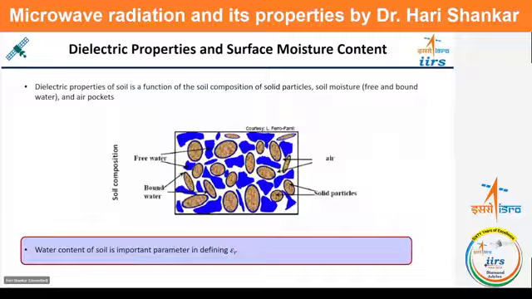As the water content increases, the dielectric properties of the soil increase, or epsilon increases. From the microwave signals, you can extract those epsilons very easily and investigate the soil moisture content over the target. Soil moisture estimation can be done using microwave signals very easily.